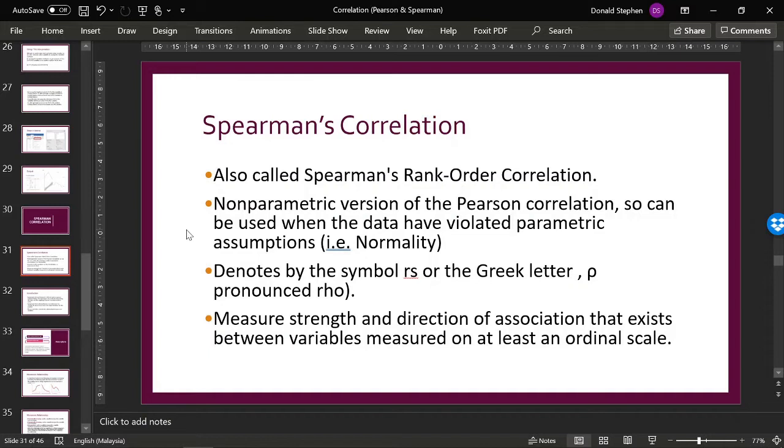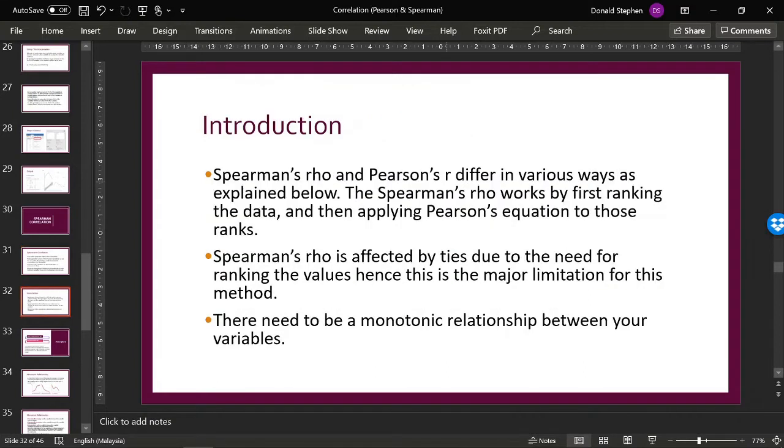So it is less restricted than Pearson. But Pearson is more powerful, because it is not affected by ties. Every method has its pros and cons, so we will look at this. These two are different in some ways.